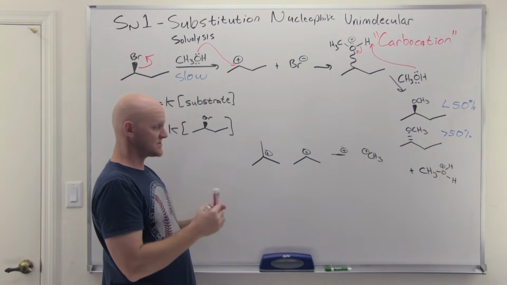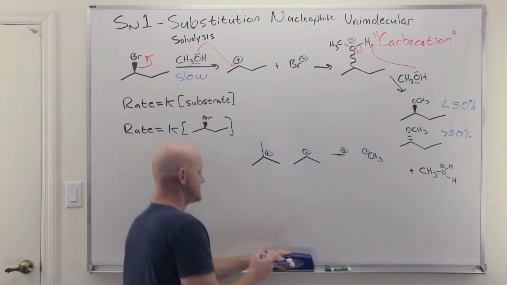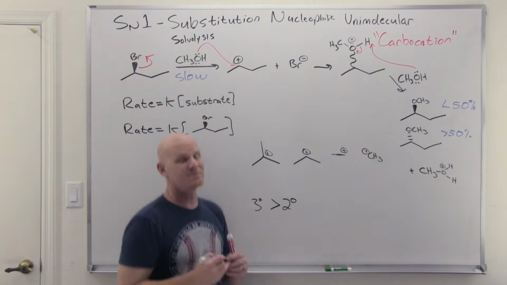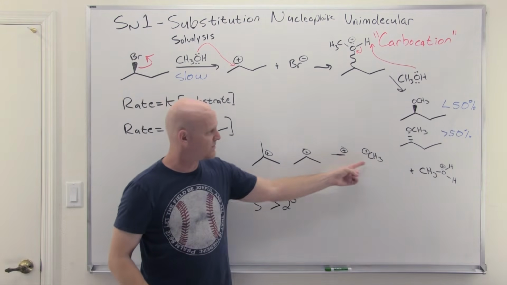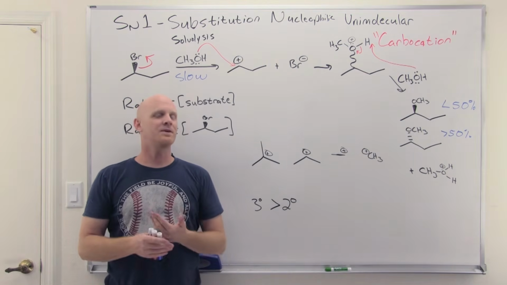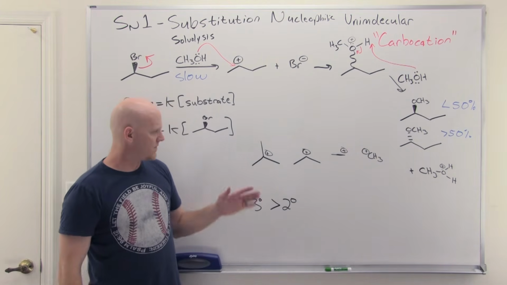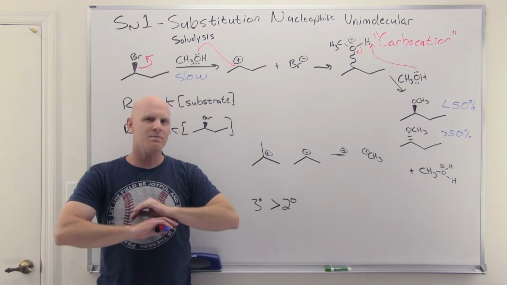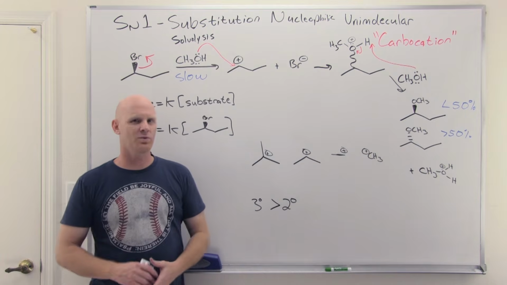And so as a result, we'll find out that tertiary halides react the fastest, then secondary halides, and then finally primary halides and methyl halides. The carbocations that result from primary and methyl halides are usually so unstable that they're just not going to form. And so tertiary halides react the fastest, then secondary, and primary and methyls we say don't react in SN1 reactions.